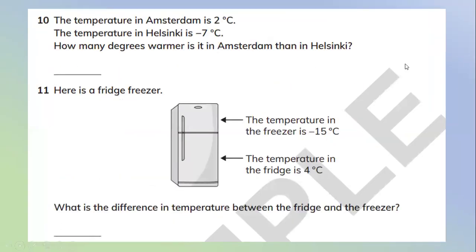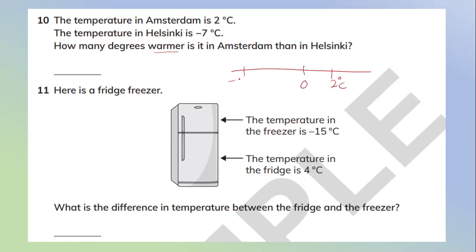Number 10, the temperature in Amsterdam is 2 degrees Celsius. The temperature in Helsinki is -7 degrees Celsius. How many degrees warmer is it in Amsterdam than in Helsinki? So let's look at the line. This is 0. This is 2 degrees Celsius.